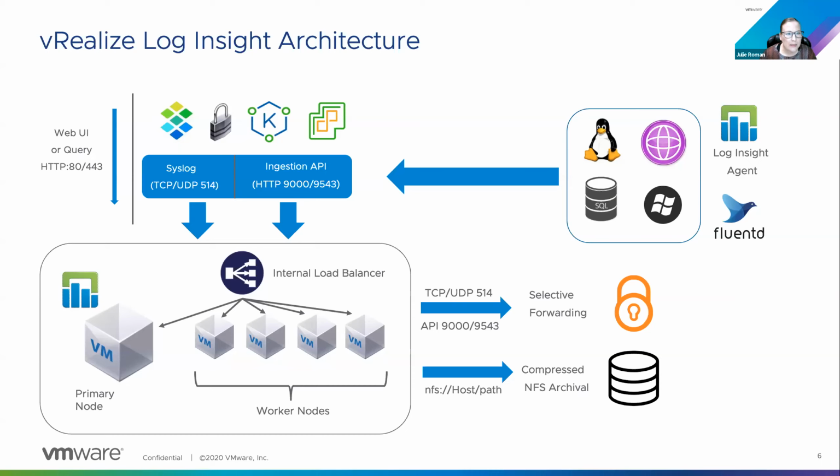Anything that you're not sending via syslog would use either the Log Insight agent, or we can also use FluentD. Those are not all fully supported and documented. If you have other methods of sending, like Logstash or something, we have worked with that as well.